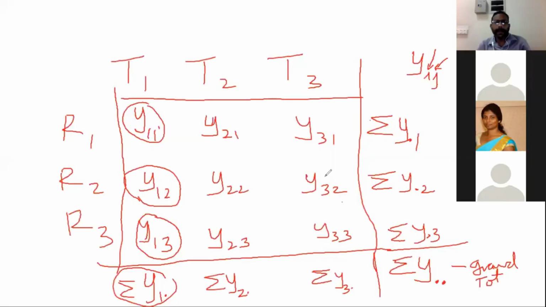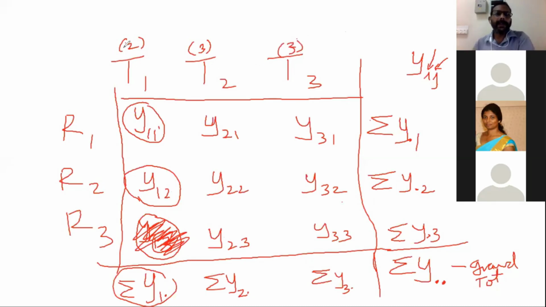For example, I don't have this one. I'm just erasing. So what about T1? How many replicates are there for T1? 2 replicates are there. For T2, 3 replicates are there. For T3, 3 replicates are there.